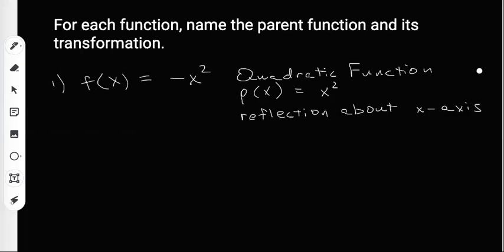So what you'll see when you graph this with its parent function is that when you go to graph p of x, you'll get that U shape. So you'll have something like this. And then once you graph f of x, the negative x squared, that's going to flip over the x-axis and it's going to look like this. So that's number one.